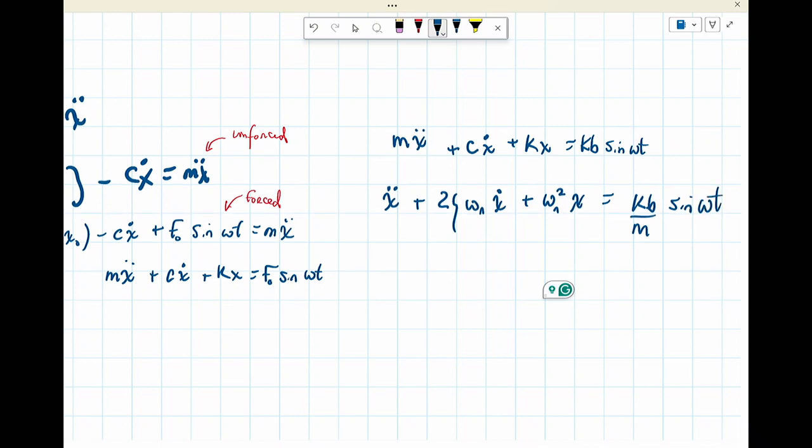Now you have the same form as we had last time, but now we have a right-hand side to this, and that right-hand side is going to affect things. So kb over m sine omega t, we've got to worry about that. But we also have a solution there that we know is equal to 0 in the unforced case.